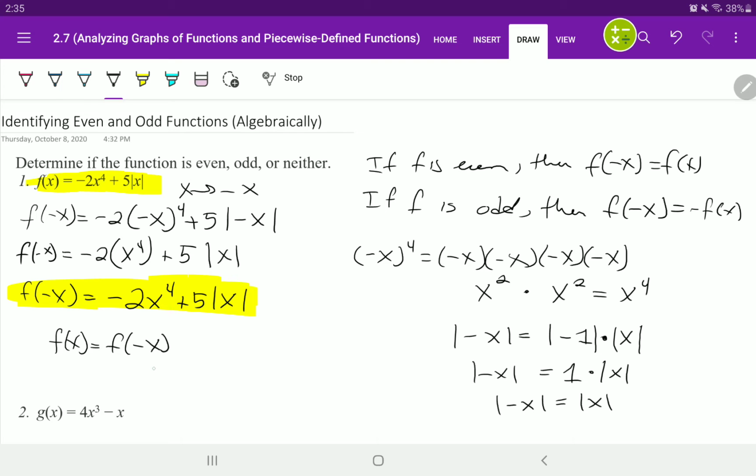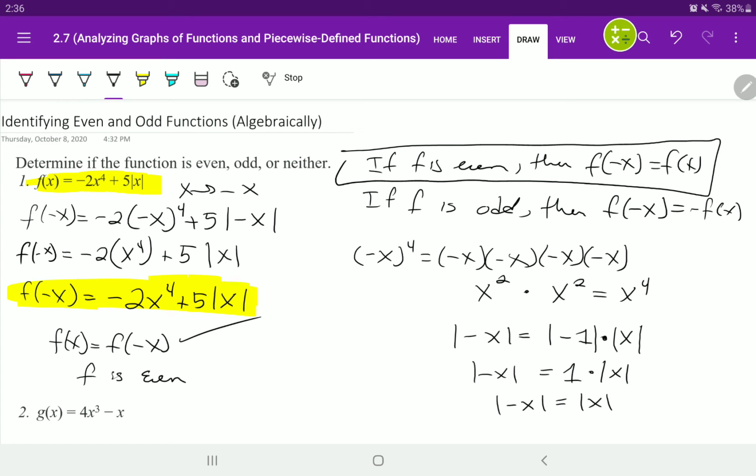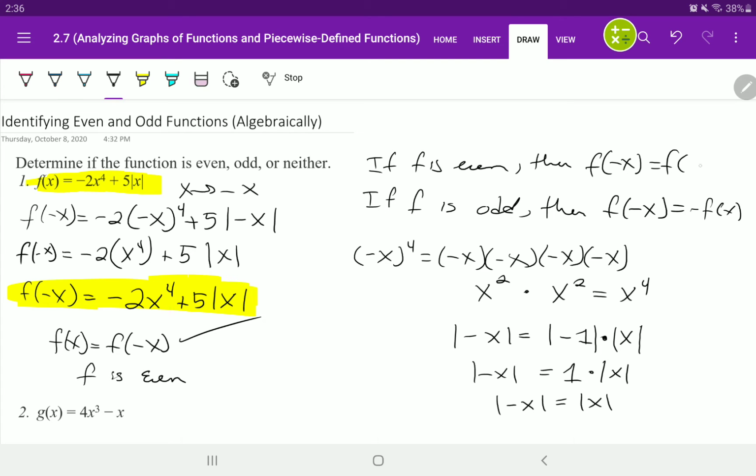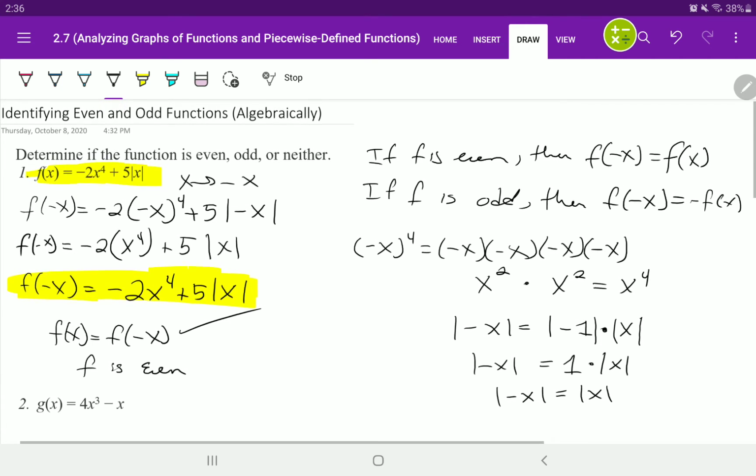If f of negative x equals f of x, then the function is even, according to this rule right here. That could have been written better, but hey, everybody knows my handwriting is trash. So it passed the test for even. Test for even is over. This is an even function.